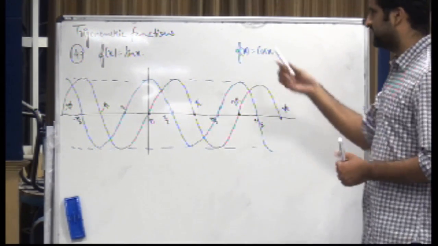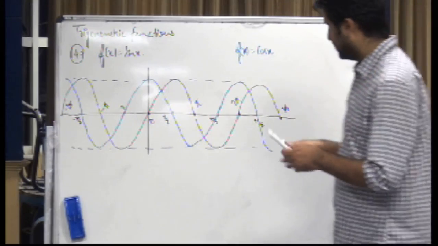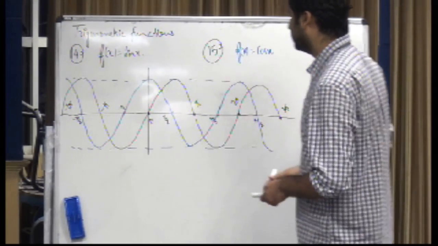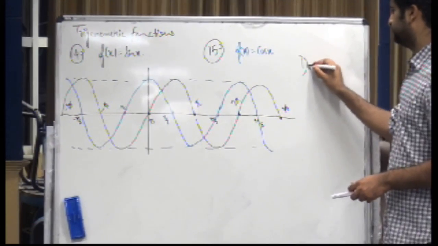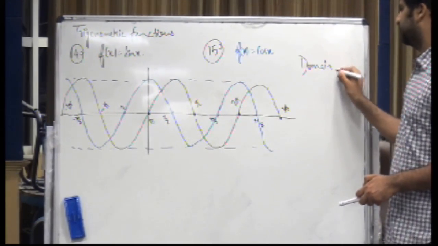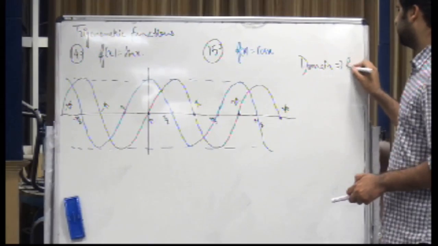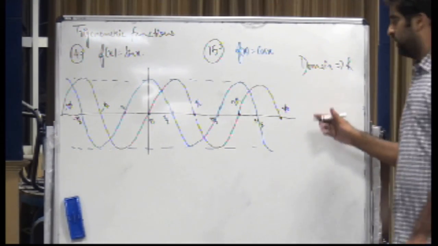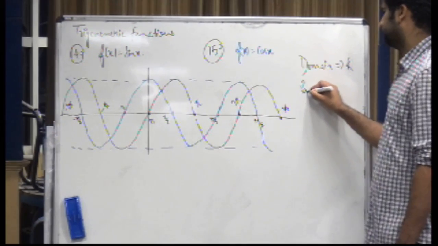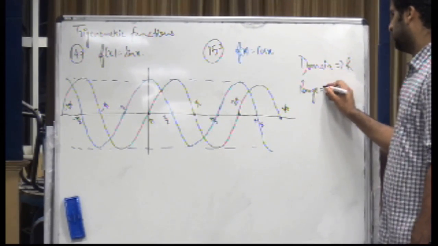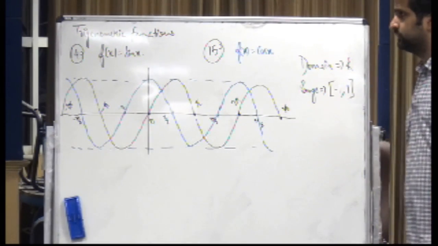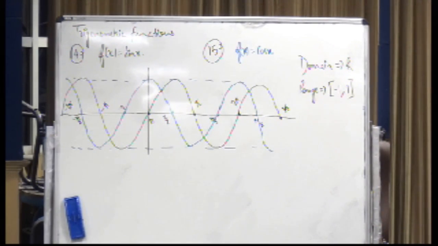We discussed these graphs together because the domain and the range of both these functions are exactly the same. The domain for sin x will be all real numbers. You can substitute any value of x, right? And the range is always the closed interval -1 to 1. For both sin x and cos x, domain and range are exactly the same.